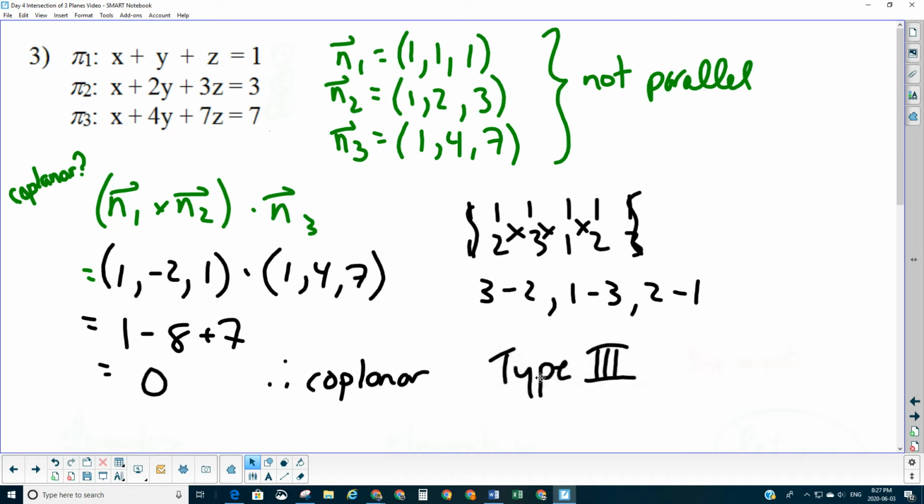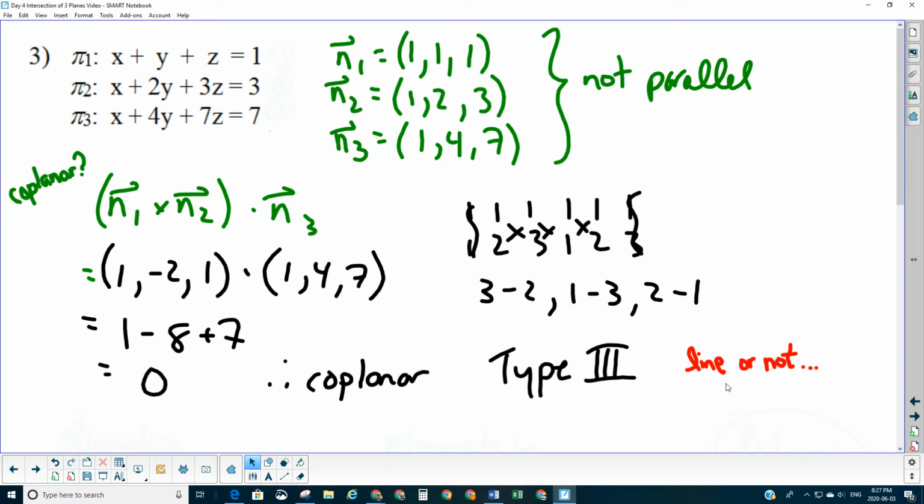All right, so that means it either is the star or the triangle that has no intersection, or it's the book that has a line as an intersection. So there's either a line or there's not.